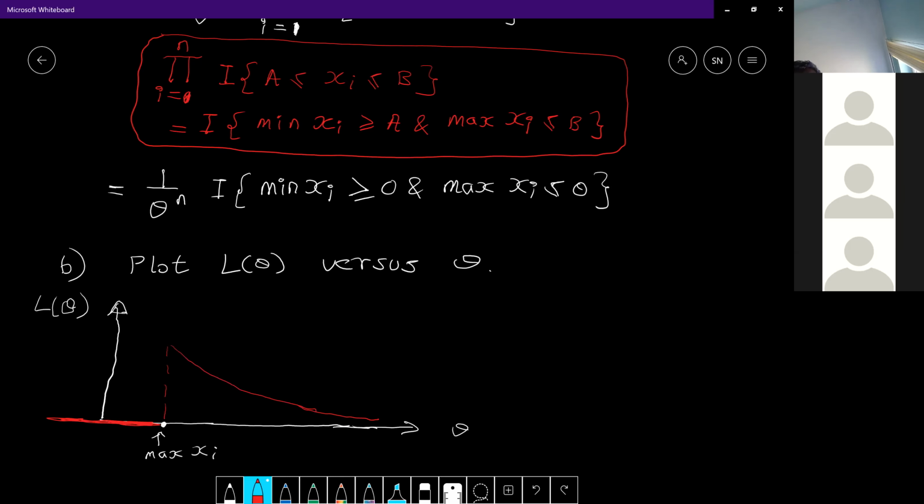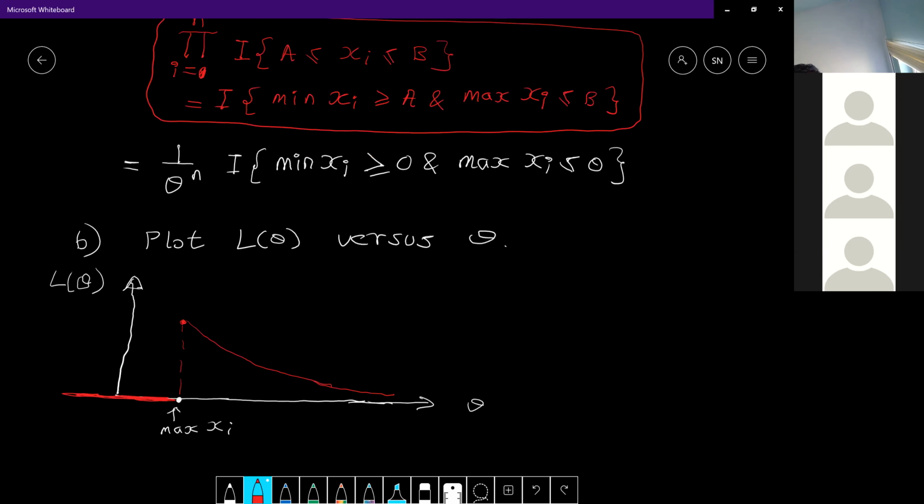Do you see why, guys? This is stuff you should have learned. The function is 0 if theta is less than the max because of the indicator function, and if theta is greater than or equal to the max, then the indicator is equal to 1, and what you have is 1 divided by theta to the power n, which is a decreasing function.